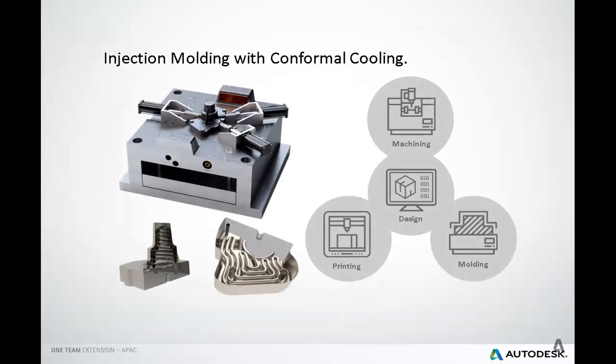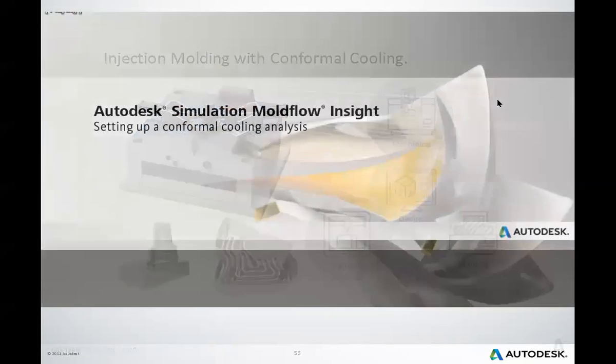And then for injection molding with conformal cooling, we have the full section: design going to machining, design going to printing, or design going to molding. We can do the entire process with our solution from Autodesk.